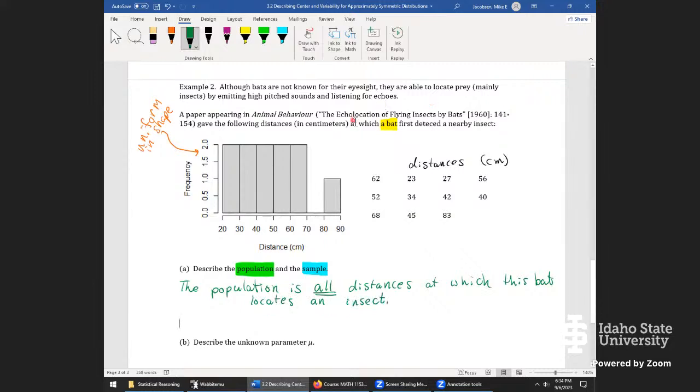So we're looking at all conceivable distances that could ever come up for this one bat in the research setting that they were looking at for this study.